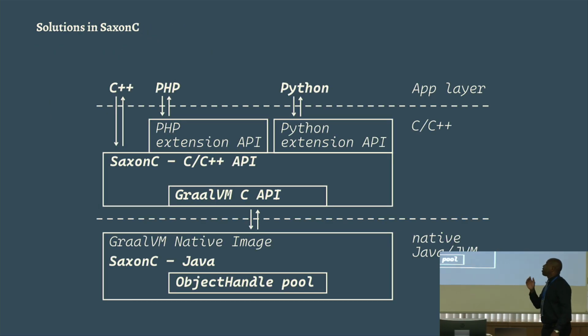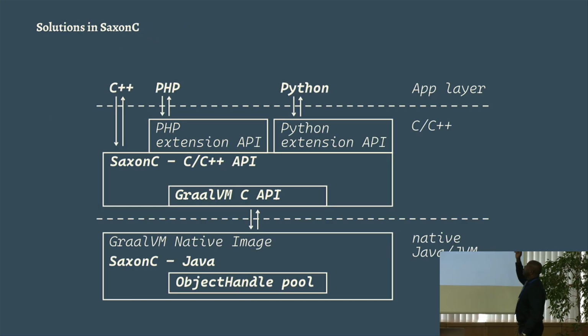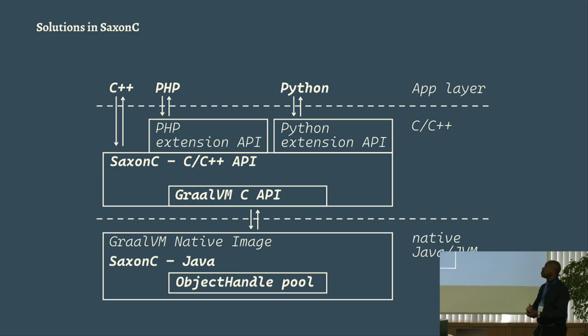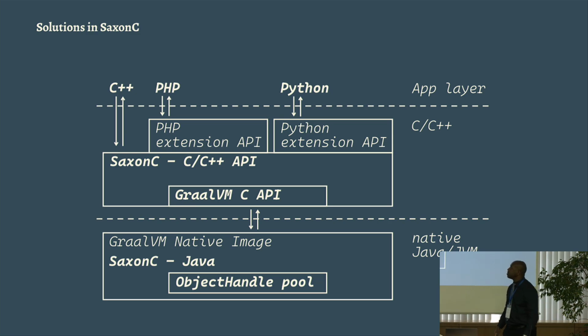So this is just a structure of what's going on. So we have some layers. The application layer as a user, we want to write code in C++ or PHP or Python. We communicate directly with the extensions or with the underlying C++ Saxon C API. There is a thin GraalVM C API layer, as I mentioned before.